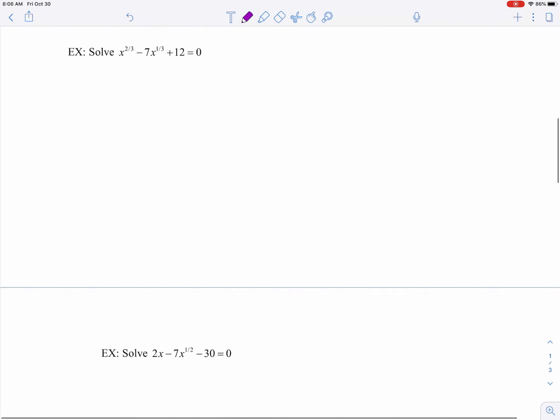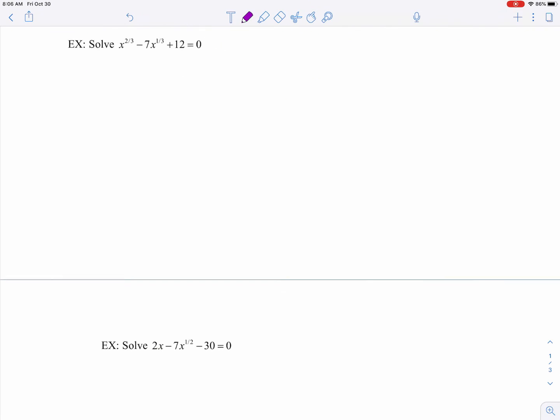Now this next one looks a little bit scarier, but it's not too bad. Again, what we should note here is that x to the 2/3 can be rewritten as x to the 1/3 squared, which is similar to this power here. If the leading power is always twice the middle power, then you're going to have quadratic form.